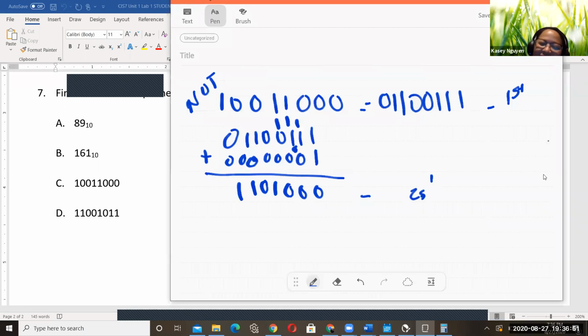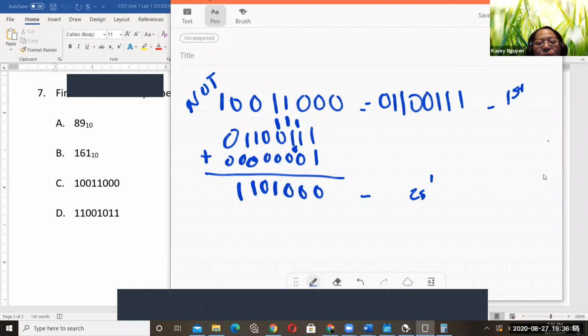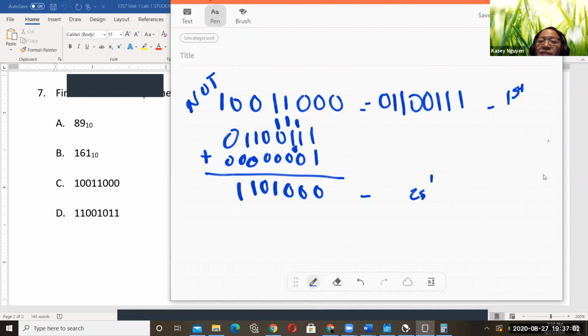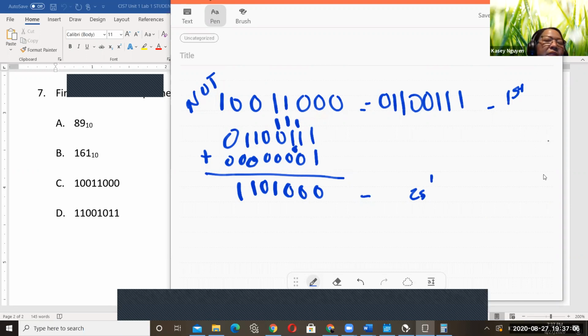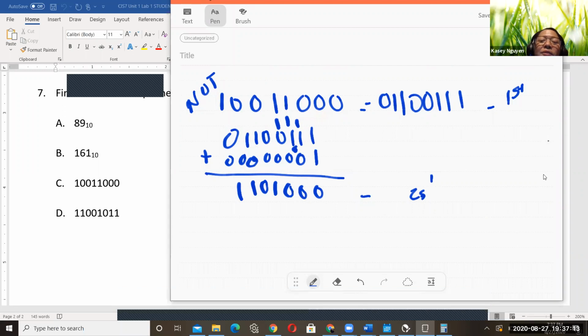Okay. So make sure we know how to do two's complement for our exam quiz, and also use it for your future classes. This is important. I drove both classes, CIS 7 and 11. It's very important in assembly. So when you take assembly, it's better if you understand how binary works, so you can visualize it and check it.